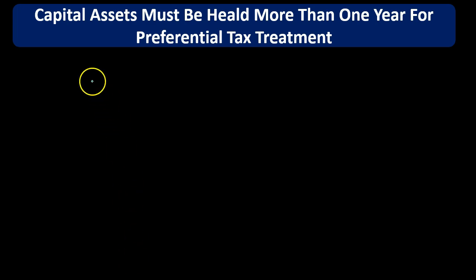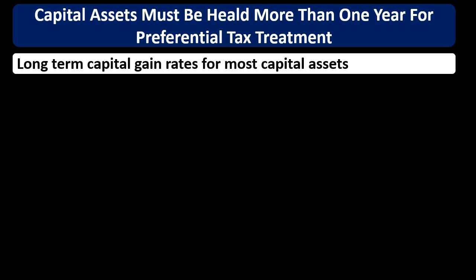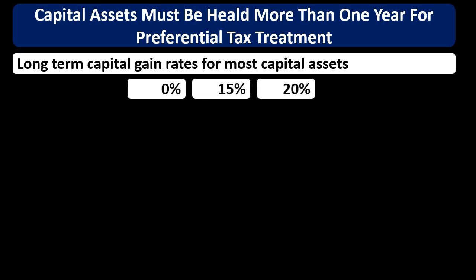Well, that argument wouldn't apply if we're talking about capital assets that are being purchased and sold in a short period of time. So in order to get the beneficial rates, we need to be holding that capital gain property for more than a year. Long-term capital gains rates for most capital assets would be 0, 15, or 20%, typically depending on the income of the taxpayer and typically being a beneficial rate.